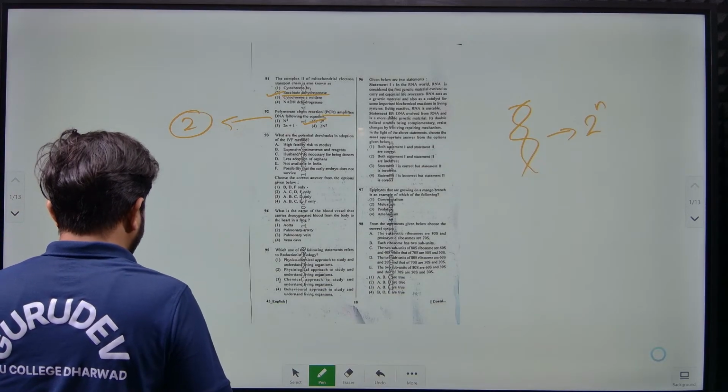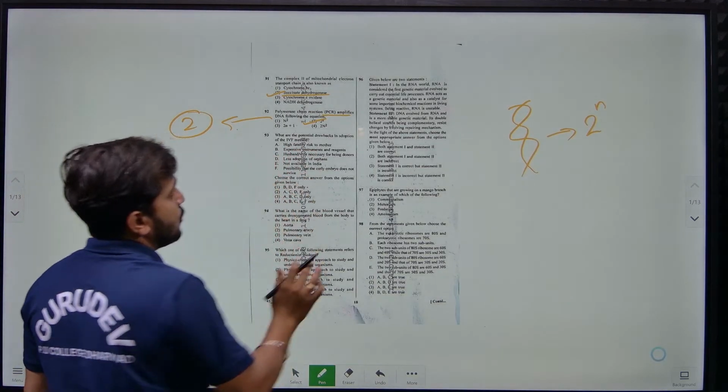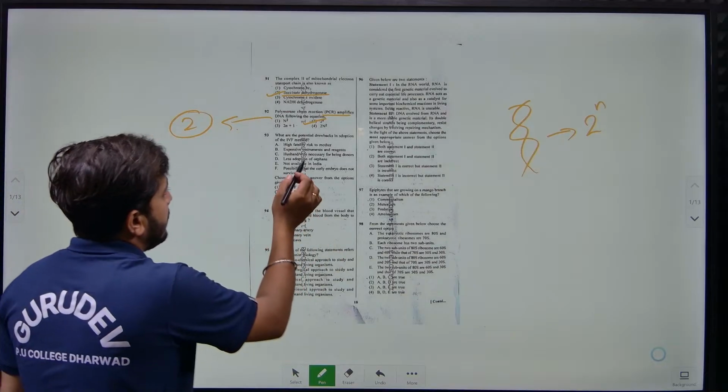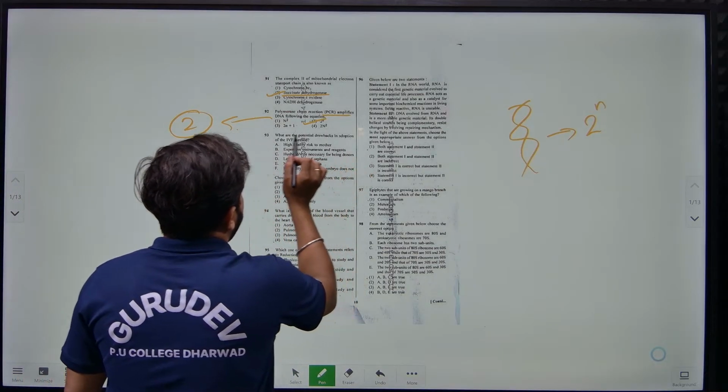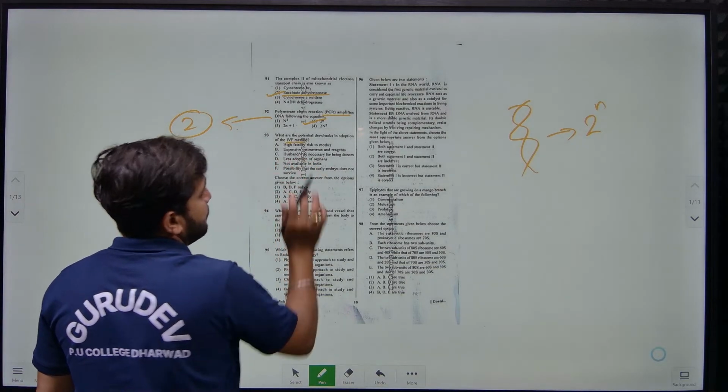Then they are asking about the potential drawbacks with respect to the adoption of this IVF method, right?